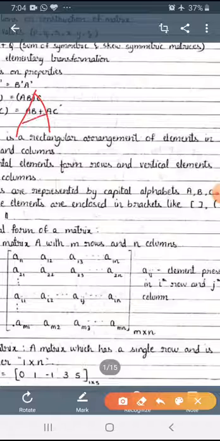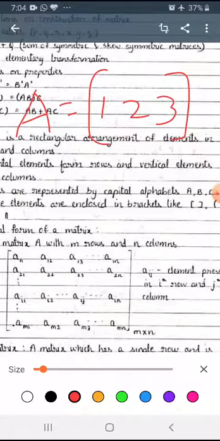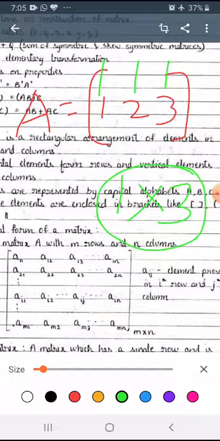A equal to, I am writing the elements row wise: 1 2 3. Here there is only one row, so that is 1 by. Now how many columns are here? 1 2 3, total 3 columns. So the order of the matrix is 1 by 3.